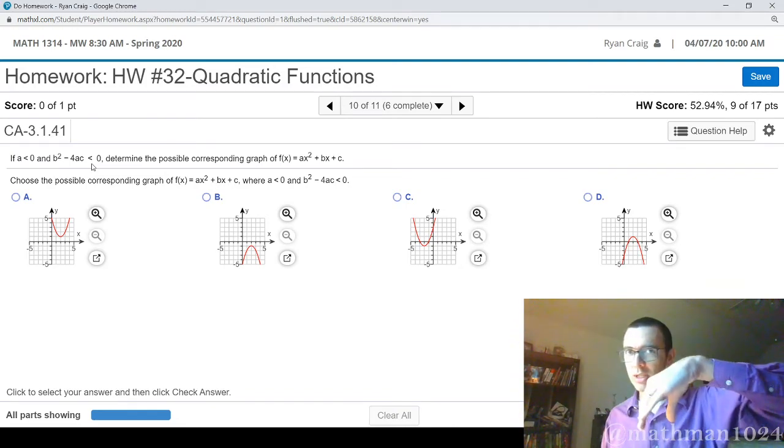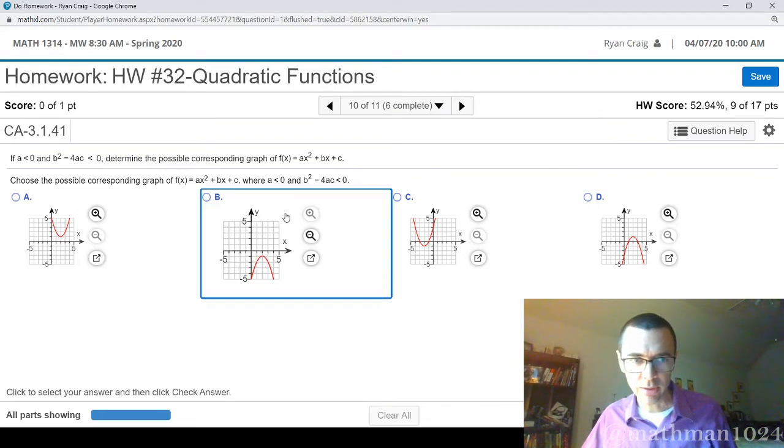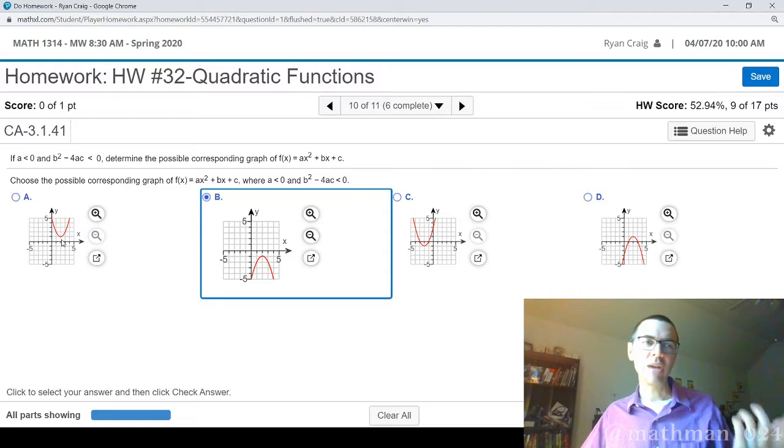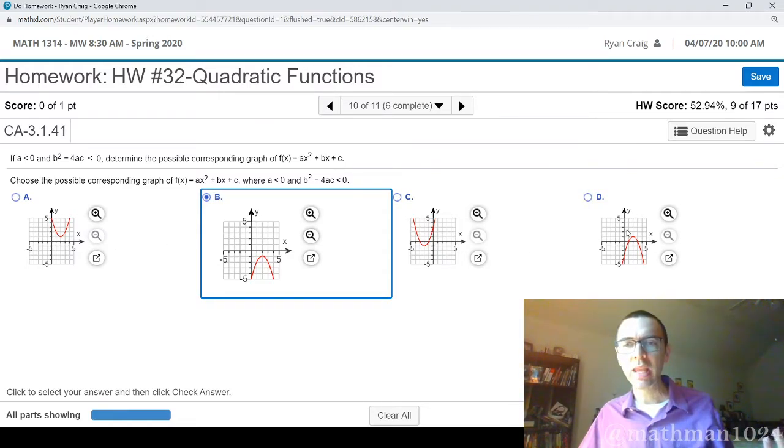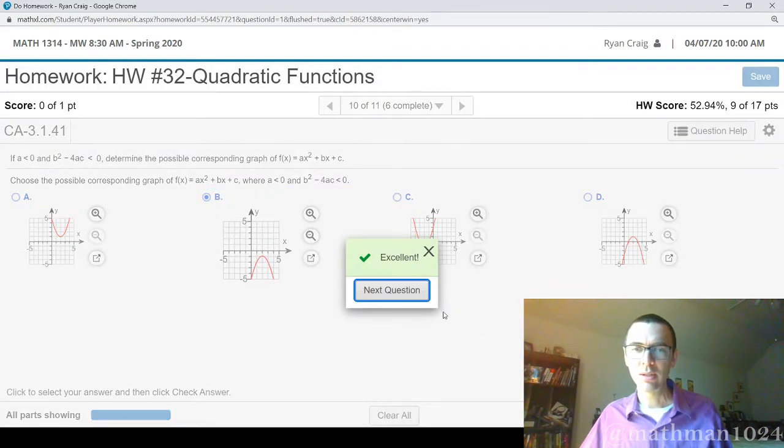So I need to be opening upside down with no x-intercepts. And that looks like it's going to be this guy right here, right? He's opening down, no x-intercepts. This guy's opening up, so that's not A less than 0. This guy opens up, so again, still wrong. This one opens down, which satisfies A less than 0. However, you have 2 x-intercepts, and b squared minus 4ac, that discriminant, tells you that you shouldn't have any. You check this. Excellent.